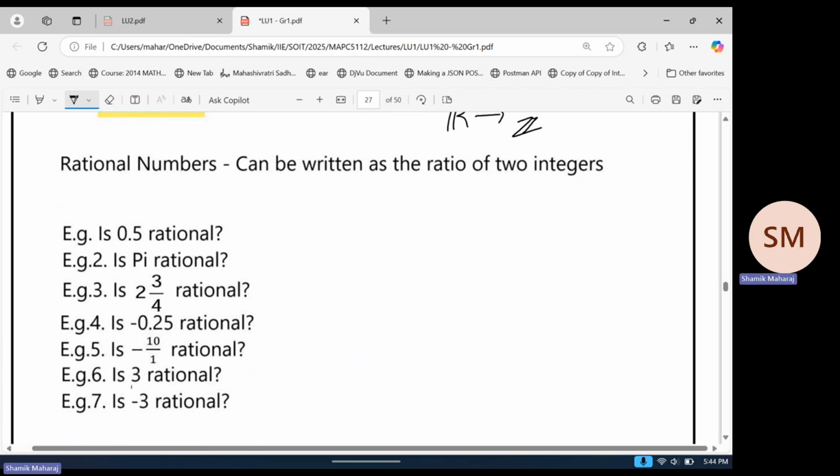Okay, so examples here for us to look at. 0.5, is that a rational number? We will say yes, it is a rational number, even though it doesn't look like it is. 0.5 is technically half. So it can be written like this, 1 over 2. 1 is an integer, 2 is an integer, so 0.5 is rational because this is integer over integer.